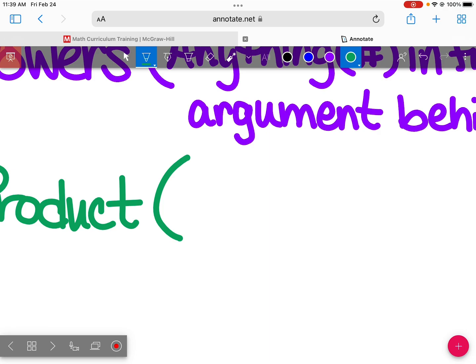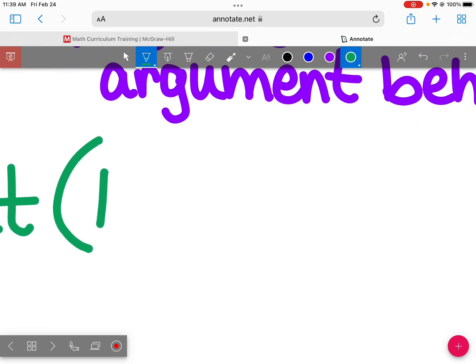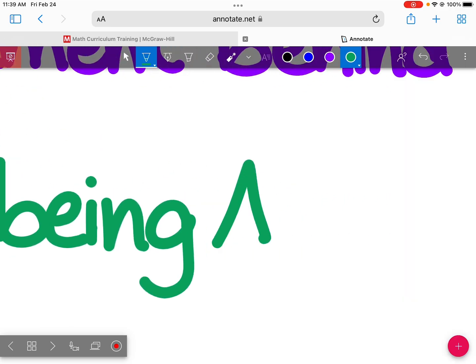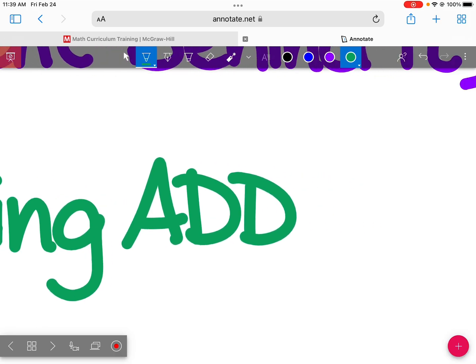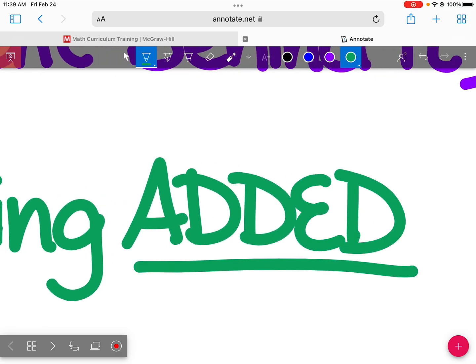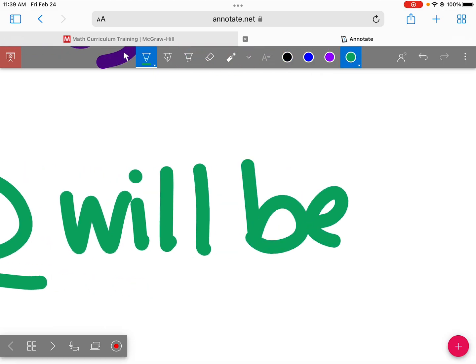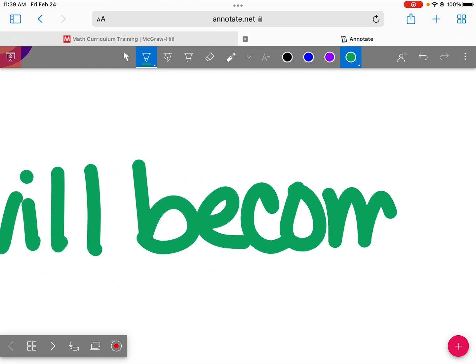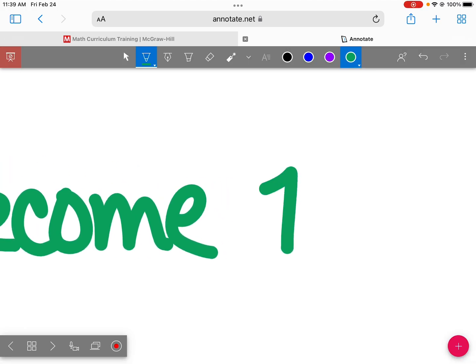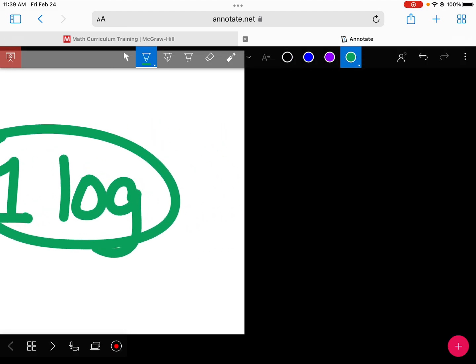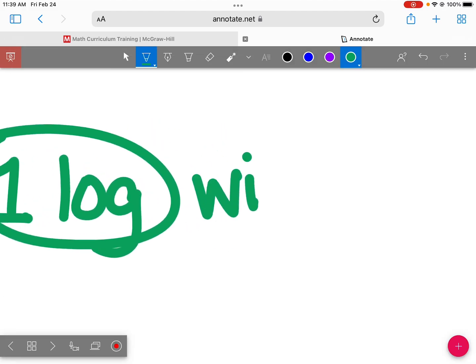For my product property, logs being added will become one log with their arguments multiplied.